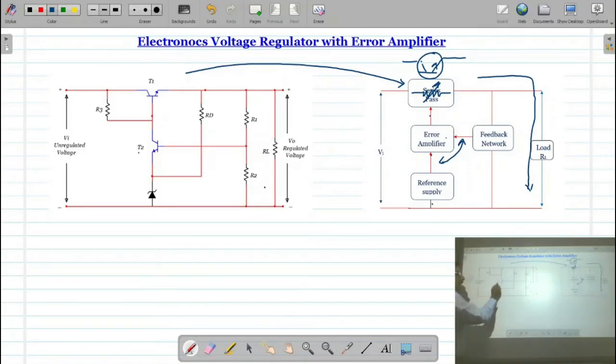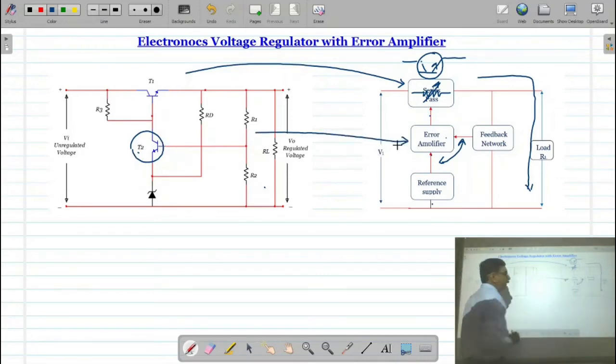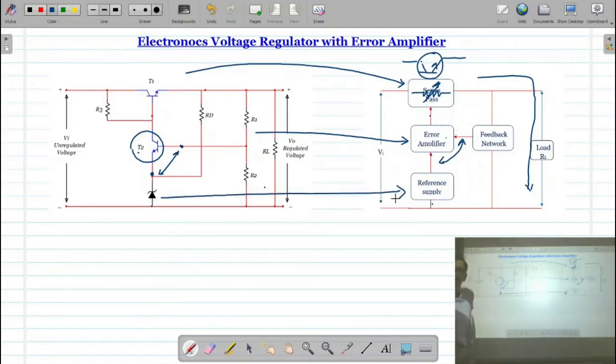The transistor T2 works as the error amplifier, and it has two inputs: one is the emitter and the other is the base. Then the Zener diode is my reference supply. We know that across the anode and cathode of the Zener diode, the voltage always remains constant, so that provides a constant voltage to the emitter of the transistor.